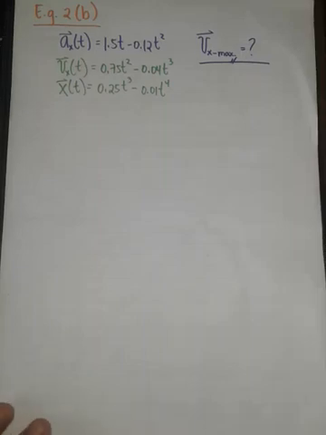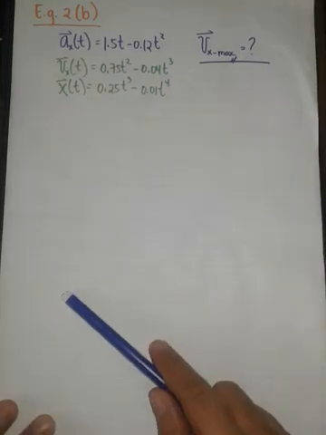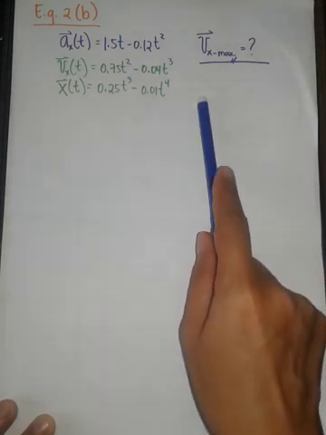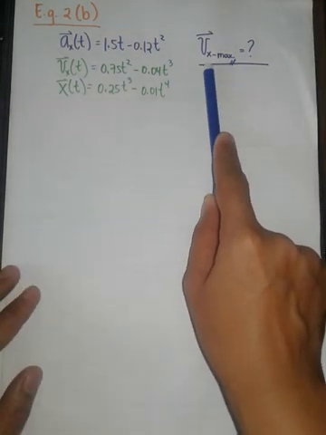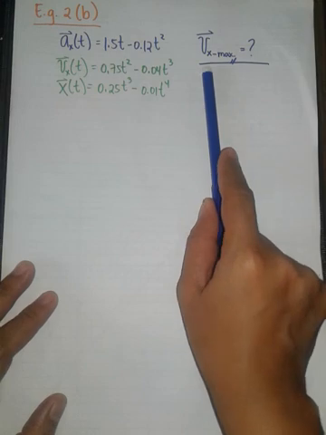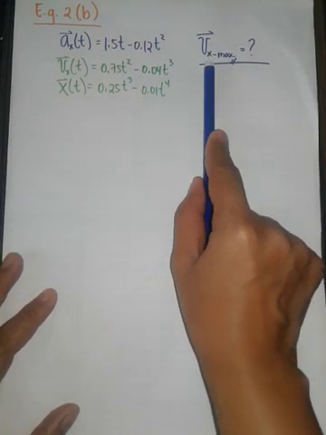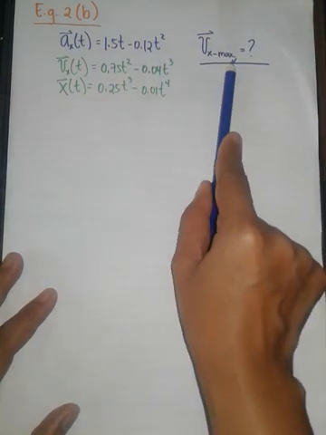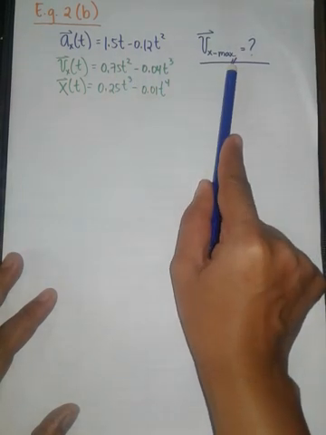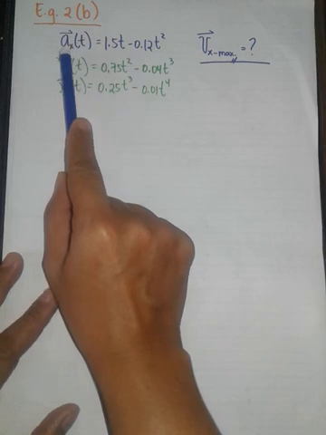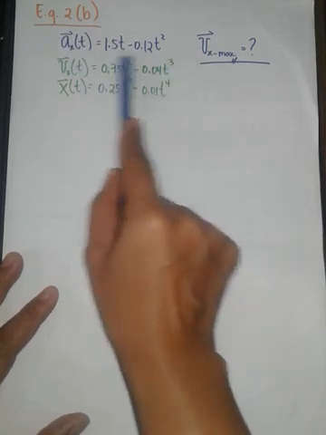Okay, Example 2 part B: you are asked to find the maximum velocity that the motorcycle will attain. Again, the question is, what maximum velocity will the motorcycle attain, given that acceleration as a function of time is this one?